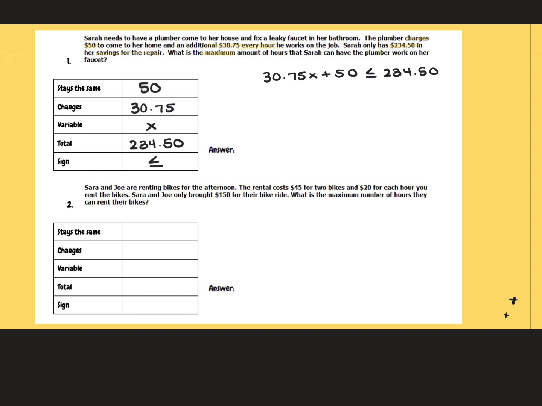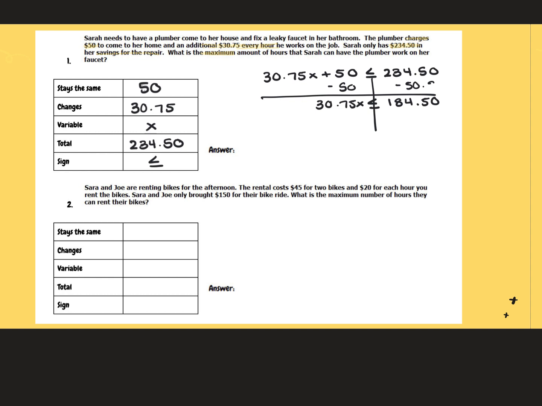All right. So from here, we're just going to go ahead and simply solve our inequality. I'm going to subtract 50 from both sides, which gives me 30.75x is less than or equal to 184.50.